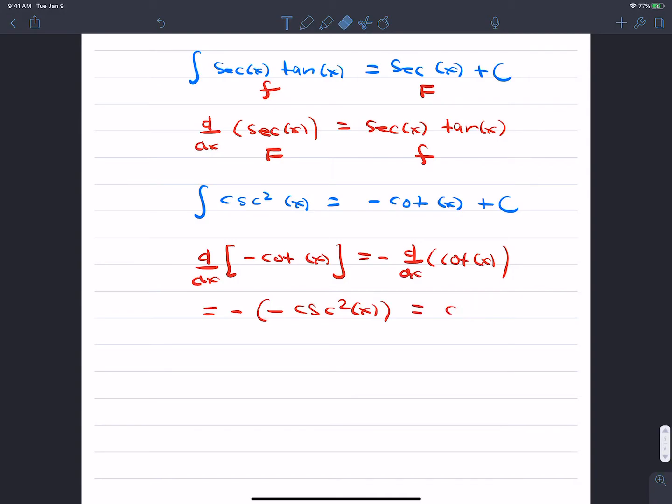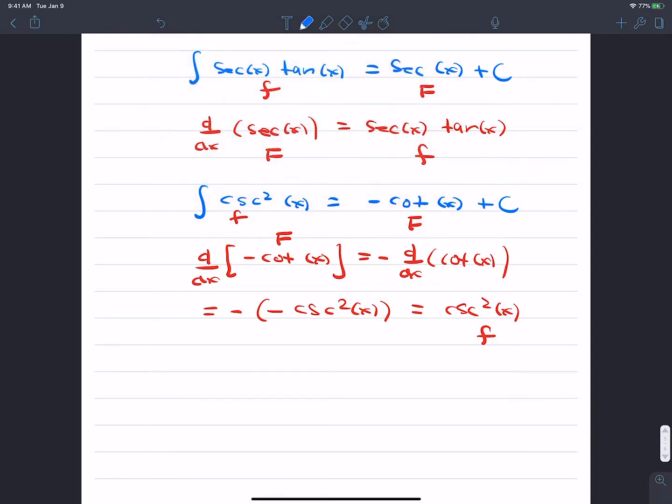Plus. Okay, so it's back. So antiderivative function, they switch places here. Antiderivative and what? Function up here.